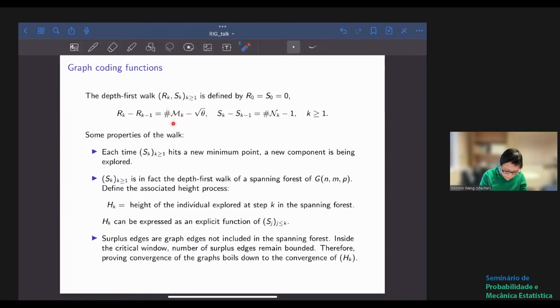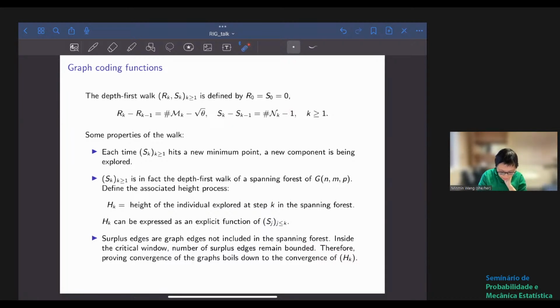You try to center things a bit, so you subtract a drift, theta.